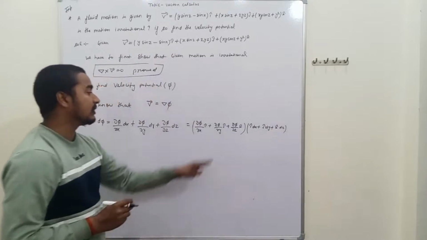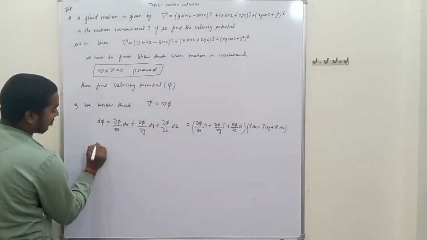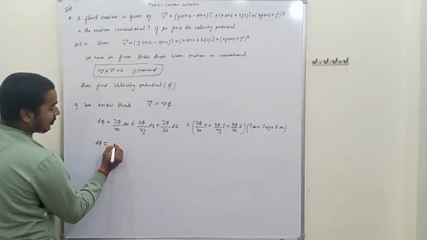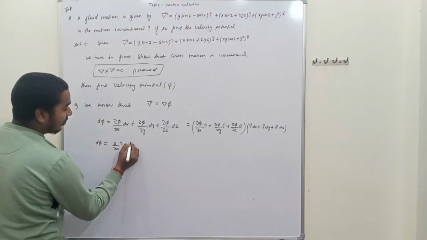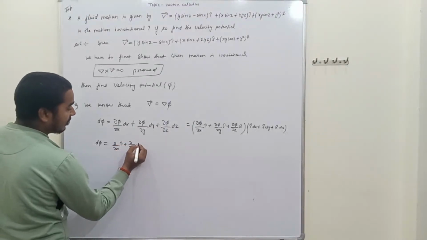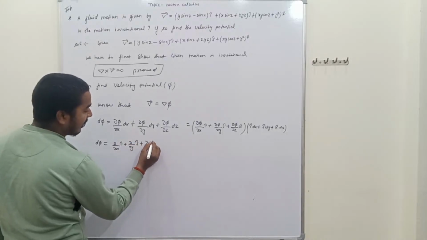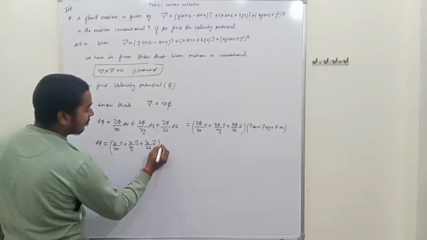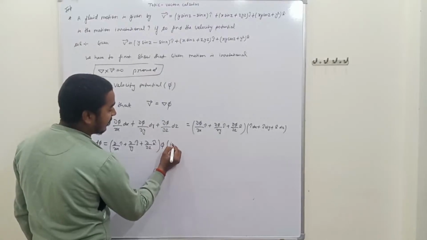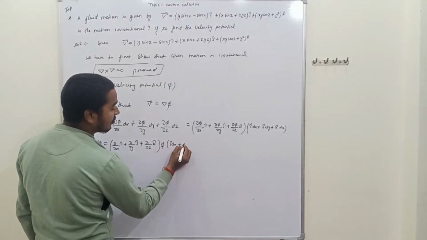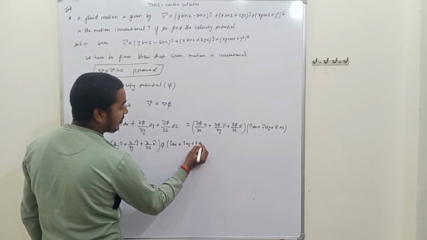When multiplying this we get the same, and further we also write that d phi is equal to del upon del x i cap plus of del upon del y j cap plus of del upon del z k cap into phi, and here is i dx plus of j dy plus of k cap dz.